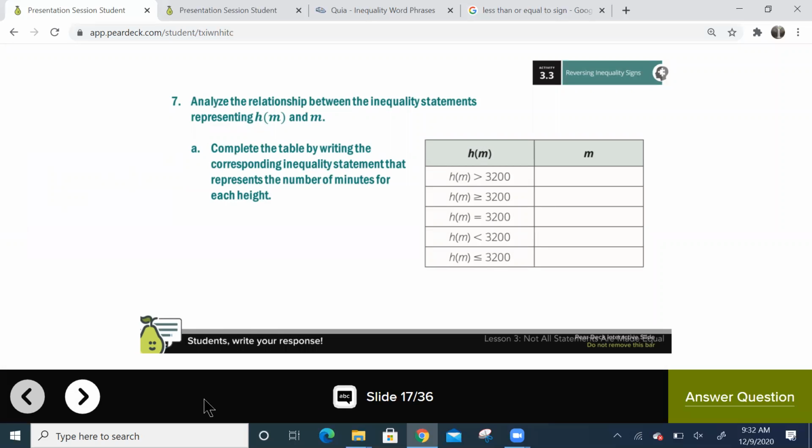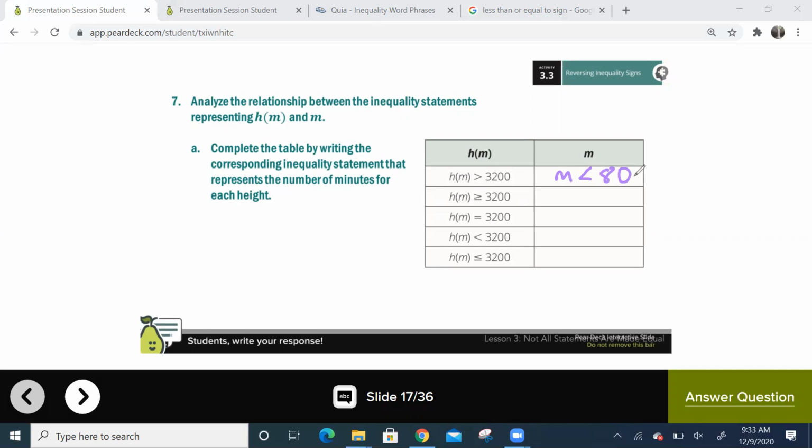Okay, so analyze the relationship between the inequality statement representing h of m and m. Complete the table by writing the corresponding inequality statements that represents the number of minutes for each height. Okay, so when would you be greater than 3,200? Well, you're going to be greater than 3,200 when m is less than 80 minutes.